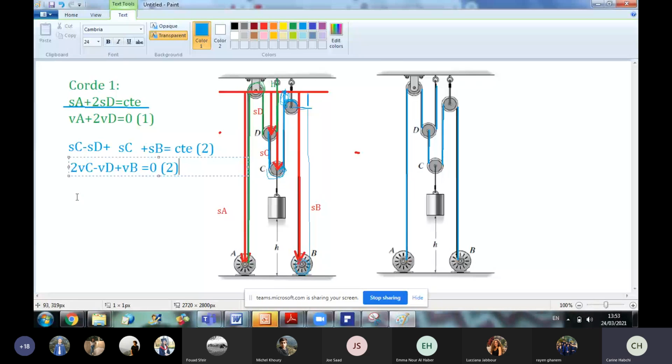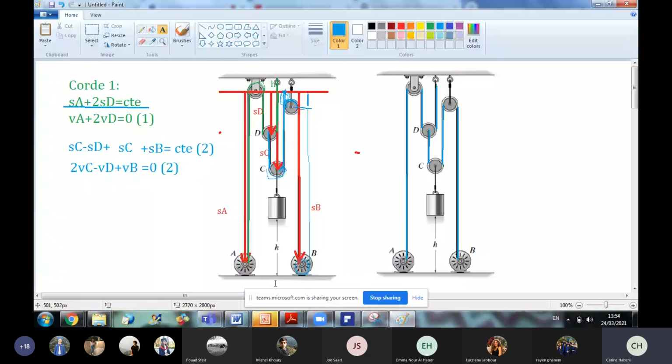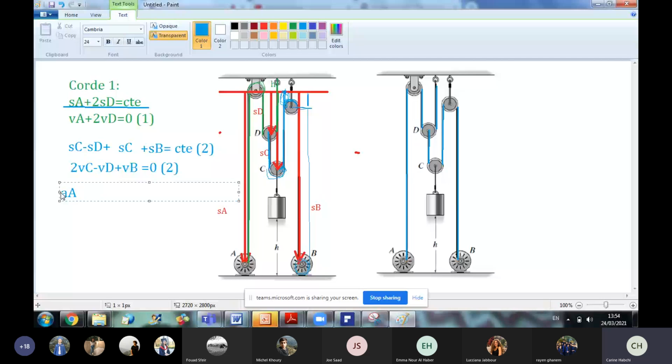What I should do, I should use the given. In the given, they said that the acceleration of motor A is equal to the acceleration of motor B, equal to 0.2 t. This information is very important for me. Why?